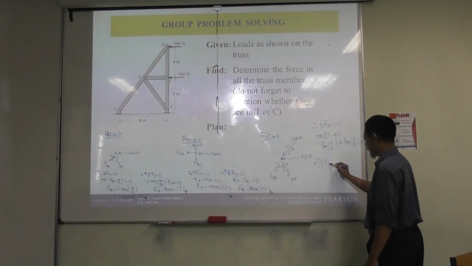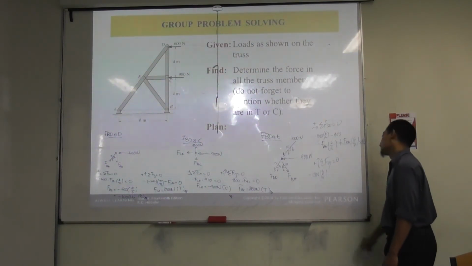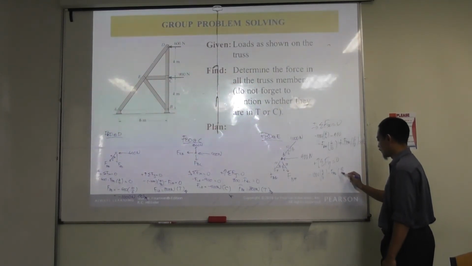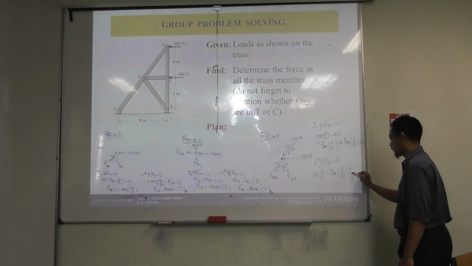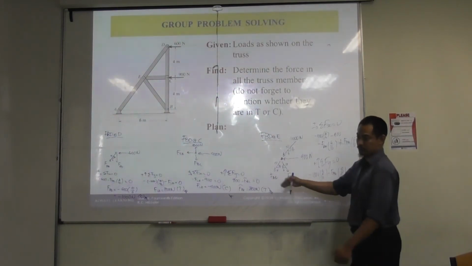Summation of Fy equal to 0, you have minus 1000 times 8 over 10, minus FAE 8 over 10, minus FBE 8 over 10, equal to 0. Simultaneous equations, you can solve for both.